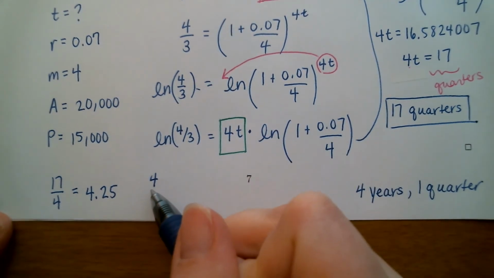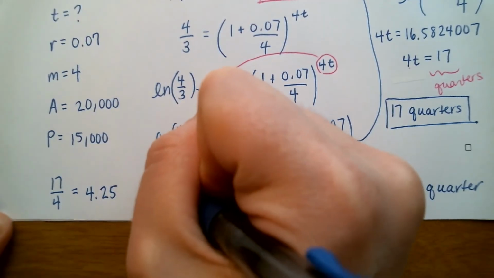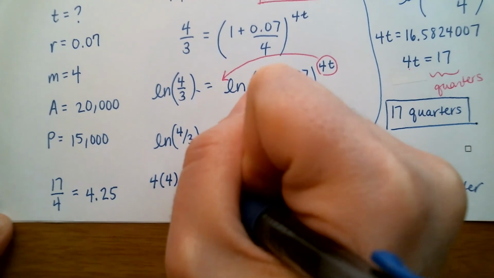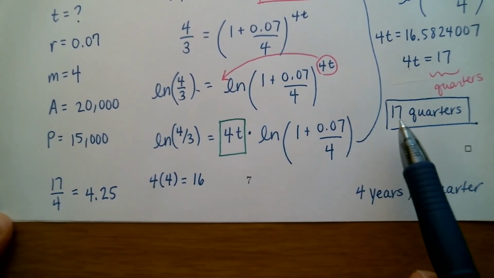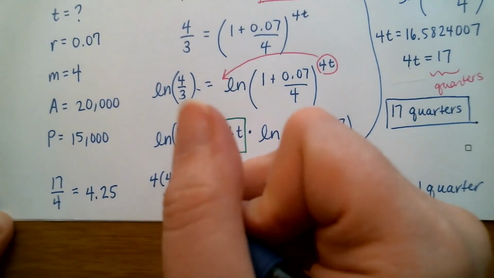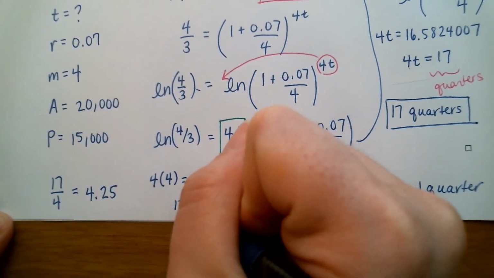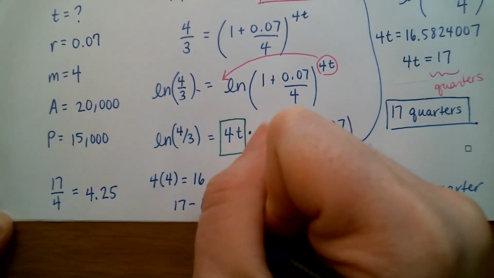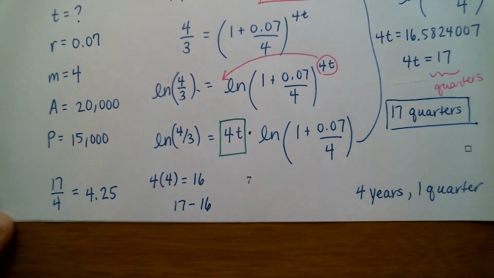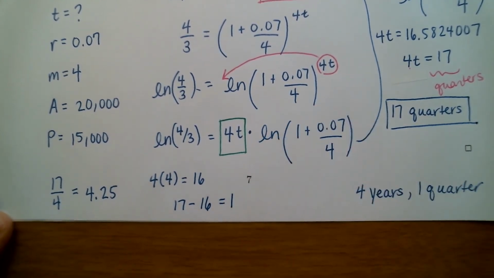I have 4 whole years, and there are 4 quarters in a year, so 4 years is 16 quarters. I'm dealing with a total of 17 quarters, the time it's going to take the couple to get to $20,000, and I subtract out 4 years, which is 16 quarters. That leaves me with 1 quarter left.